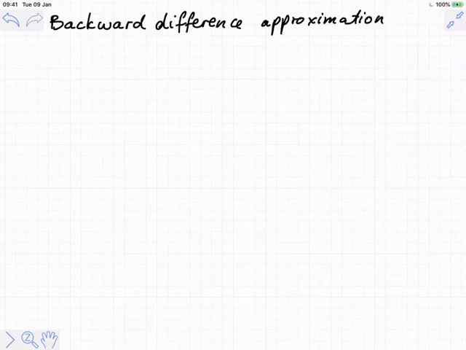A common approach to converting continuous transfer functions to their discrete equivalents is the backward difference approximation.